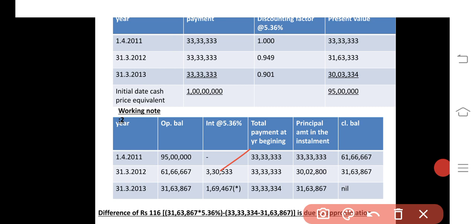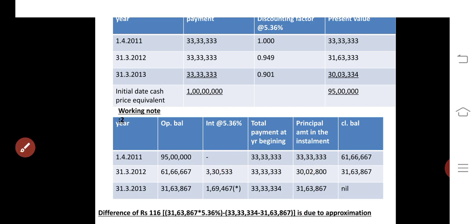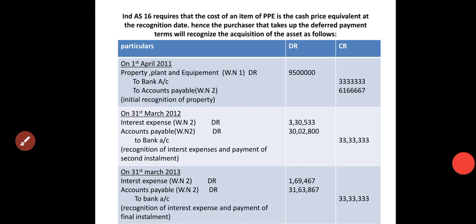On the second installment, on 31st March 2012, there is interest, right? 3,30,533, and also the principal amount in the installment is rupees 30,02,800, right? So here in the second installment, interest expense debit, accounts payable debit to bank account, recognition of interest expense and payment of second installment.